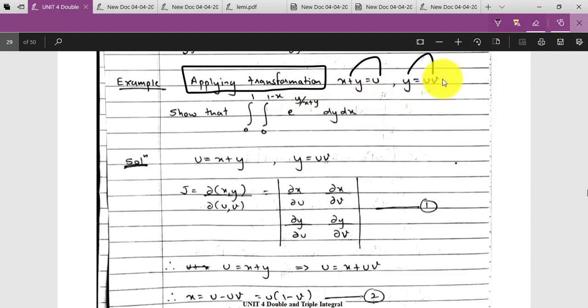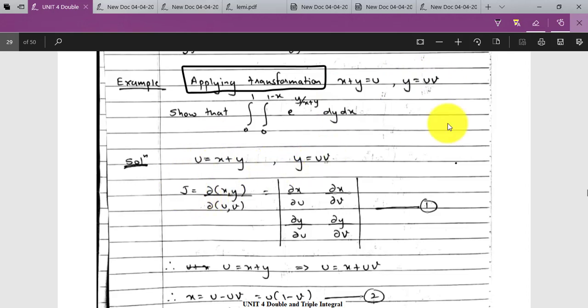I need to express this given integral, f of x y, in terms of the new variables, that is f of u and v, right?